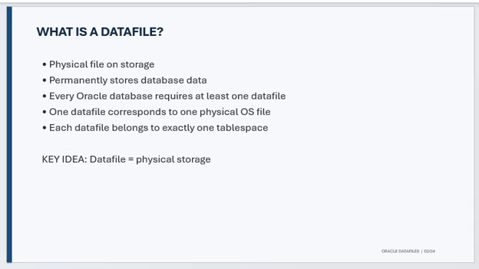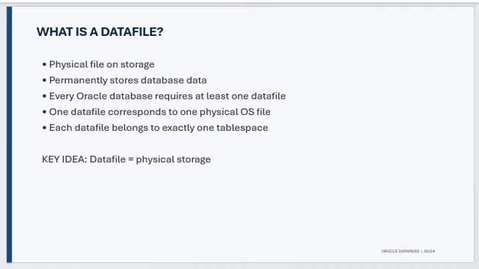There are three main rules about data files. First, every Oracle database must contain at least one data file. The second rule is that one Oracle data file corresponds to one physical operating system file on disk.